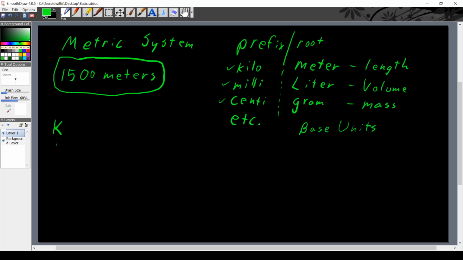Kilo, deca. Sometimes you'll see this spelled with a C, sometimes you'll see it spelled with a K. I'm going to spell it with a C today. Whoops, I've put that in the wrong spot, so let me erase that real quick.